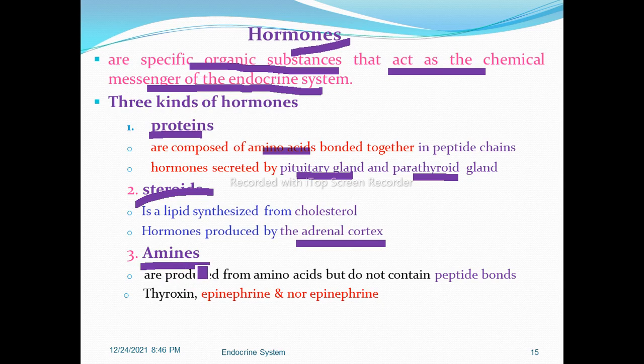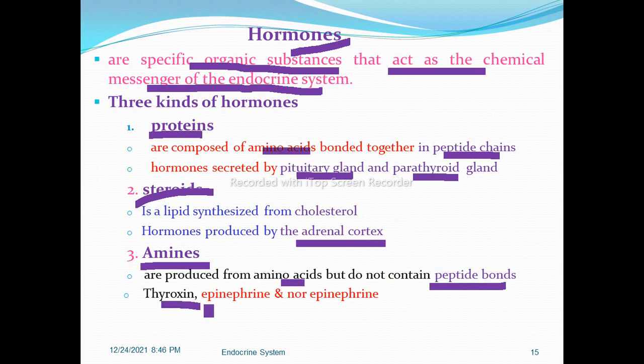The other type is amines. Amines are produced from amino acids, but do not contain peptide bonds. Proteins are composed of amino acids with peptide bonds, while amines do not contain peptide bonds.